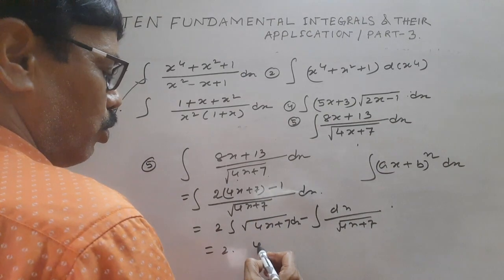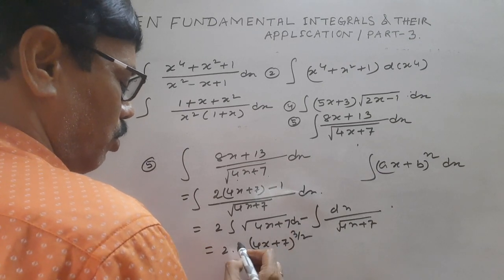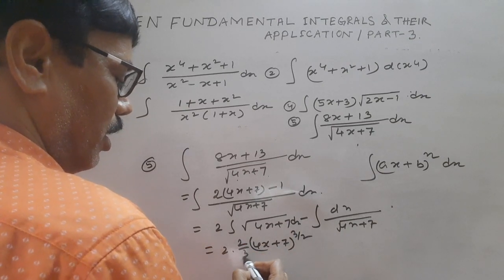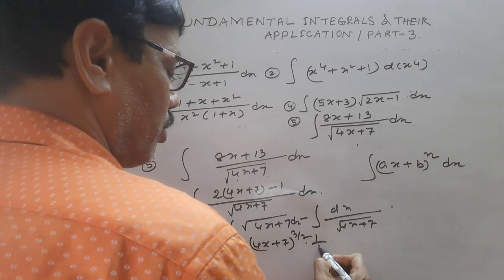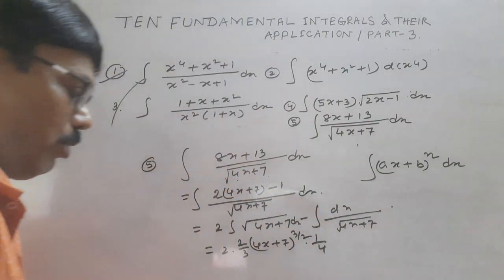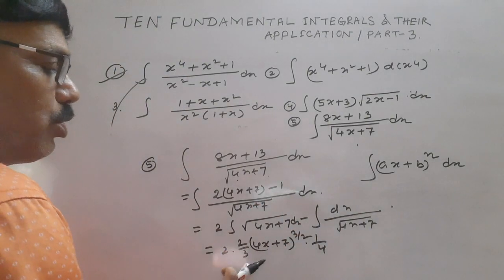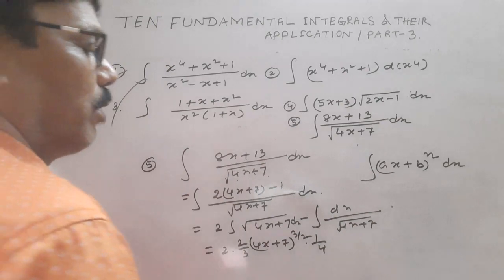So 2 into (4x plus 7) whole to the power 3 by 2 by 3 by 2, into, mind it, 1 by 4. So this is 2 by 3 into 1 by 4.